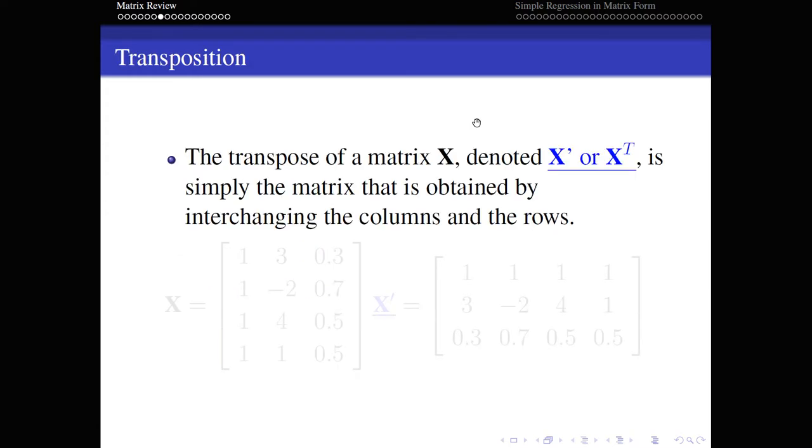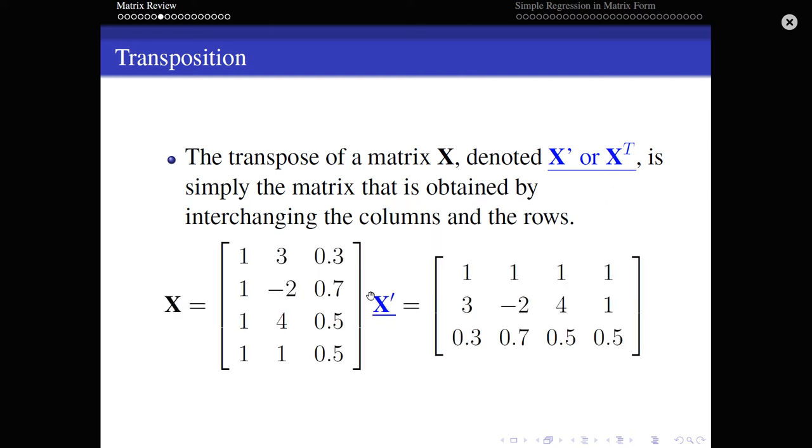Now transpose. When we take the transpose of a matrix, we kind of flip it on its head. First of all, the notation for transpose is either going to be a little tick mark or a T. This is not to the tth power. This indicates a matrix transpose when used with a matrix.